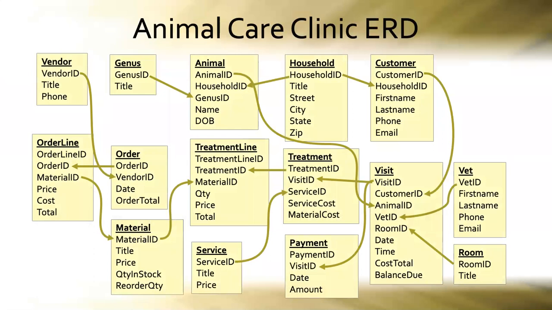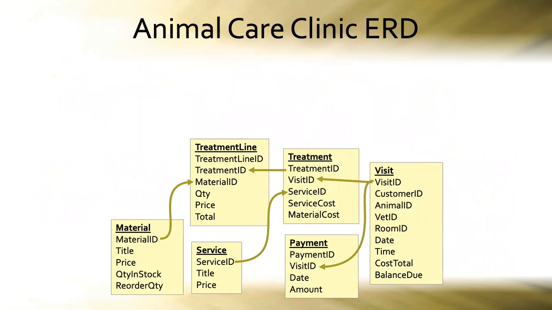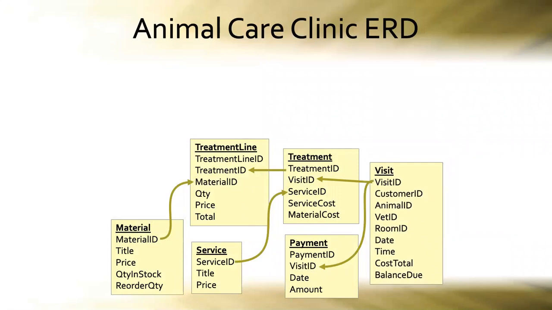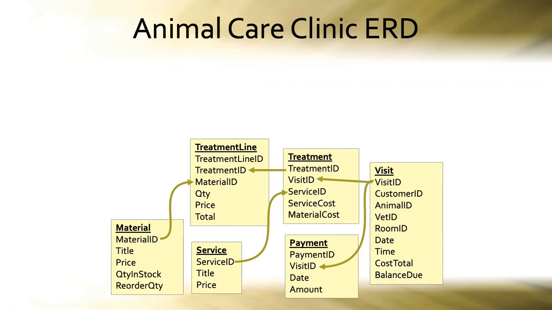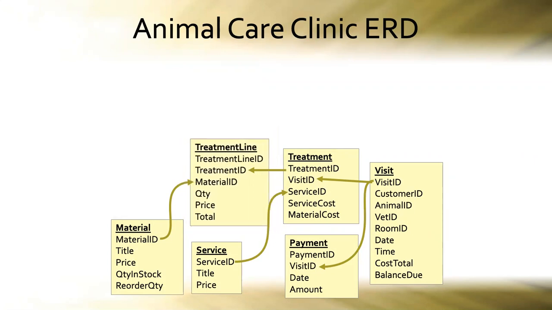Taking a look at our entity relationship diagram again, for an invoice layout we're going to be working with these tables, okay? And we're reminded by looking at the ERD that in each visit, we can perform many treatments on the same patient, and that each treatment can have many line items, which are the medicines and materials used in performing that treatment.